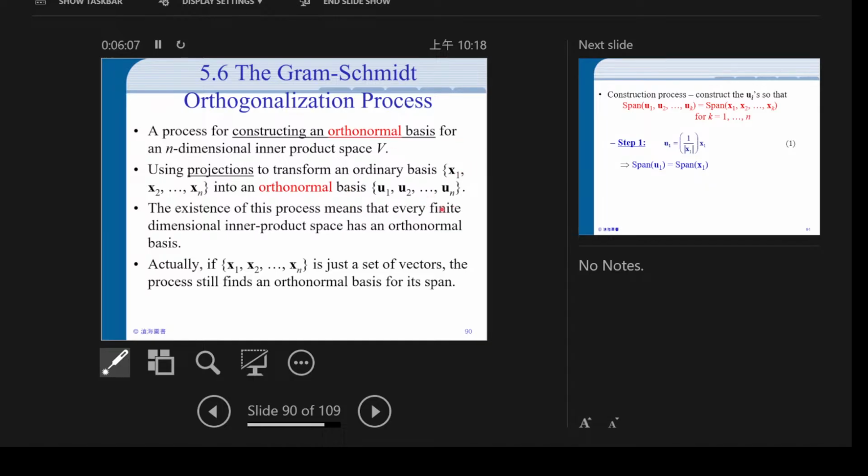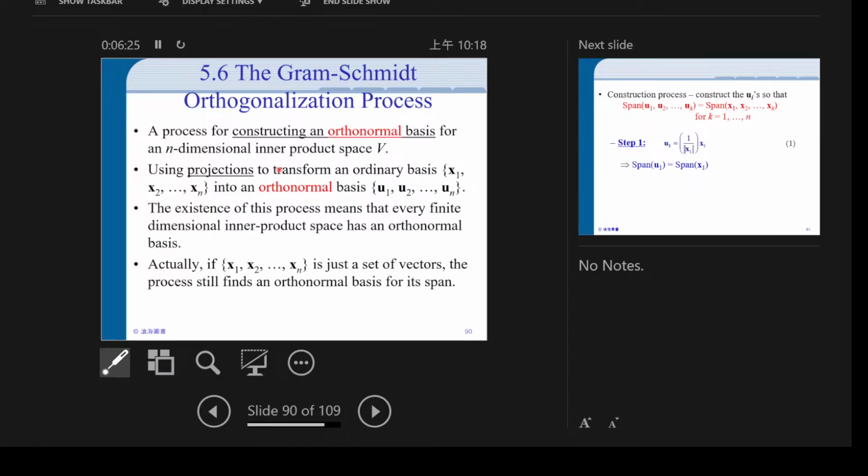This process is nice in two directions. First of all, it's a very nice process that you can just use yourself. If you want an orthonormal basis, you can use the Gram-Schmidt process.